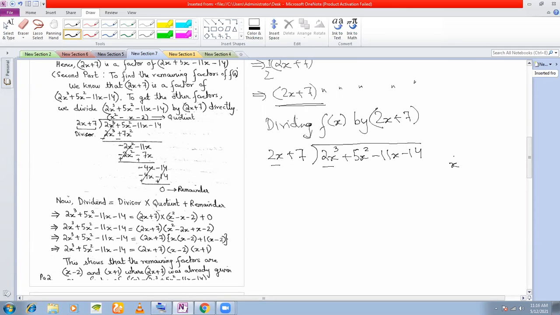Okay, so first you have a 2x cubed, so you need how much? You need an x squared. So x squared into 2x plus 7 will give you 2x cubed plus 7x squared. So write an x squared on top, and you have 2x cubed plus 7x squared. Okay.